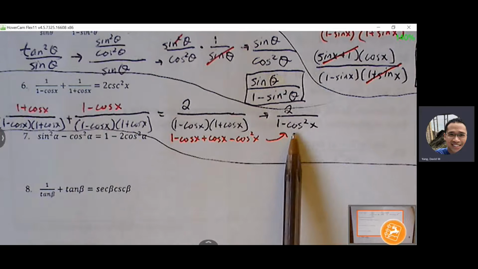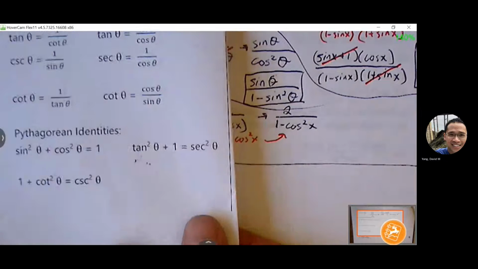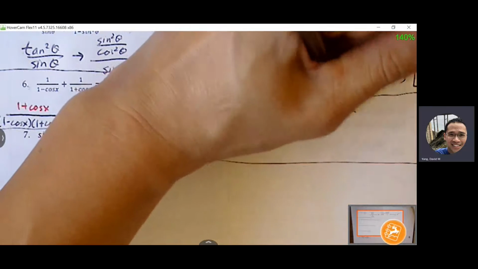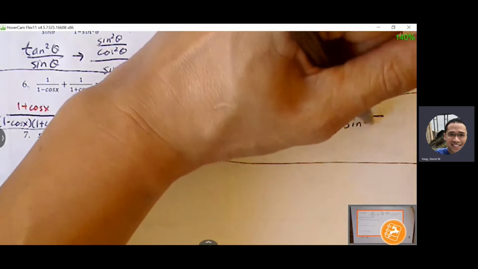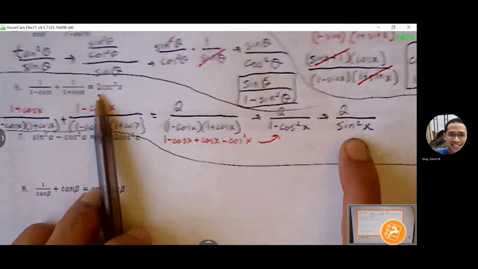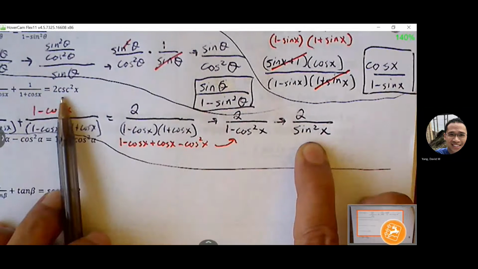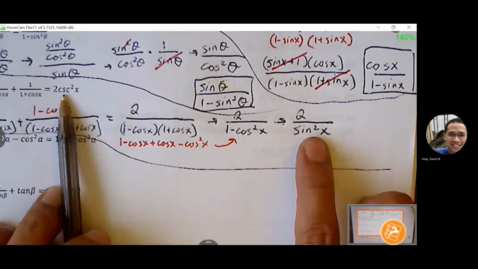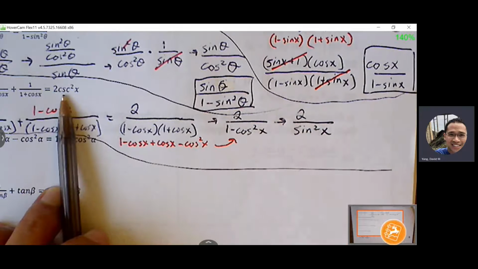What is 1 minus cosine squared x? Close to the end: 2 over sine squared x. Cool. What's that relationship? Reciprocal, right? So I can just push that sine squared up and equal.